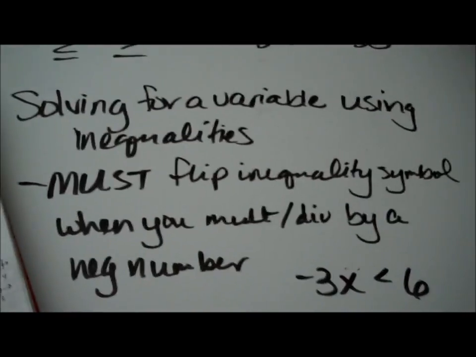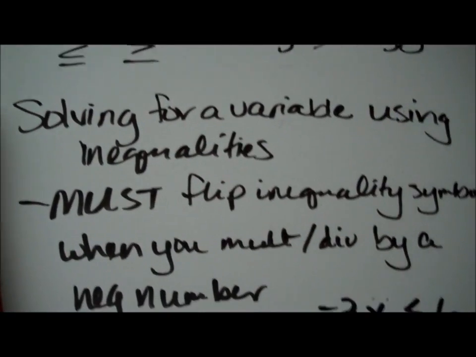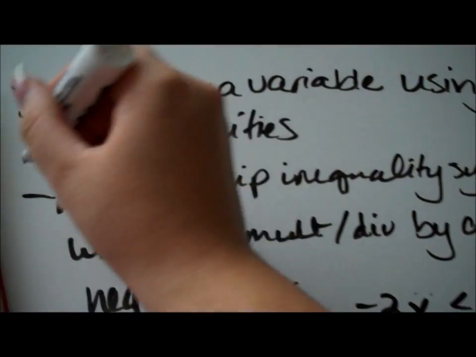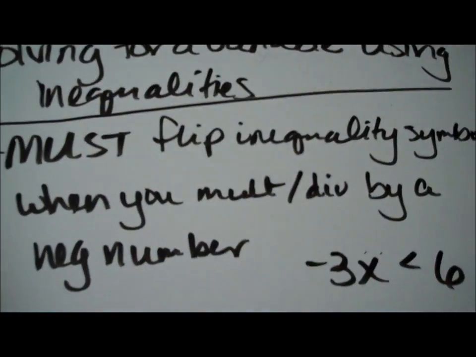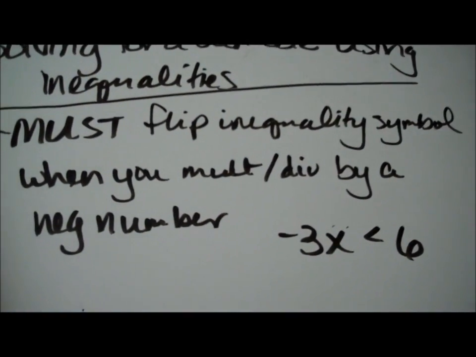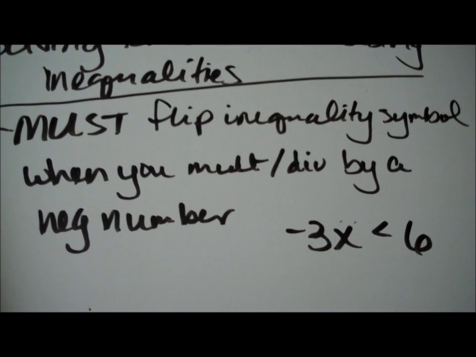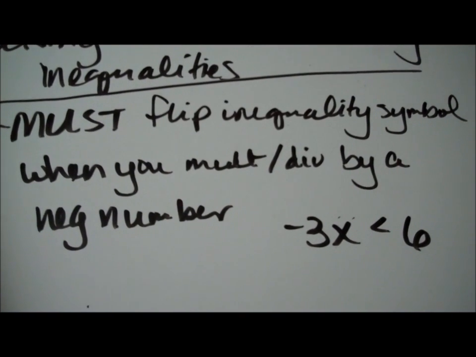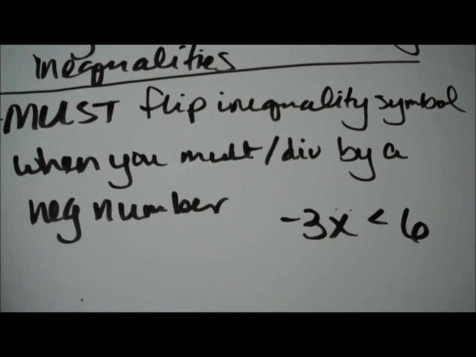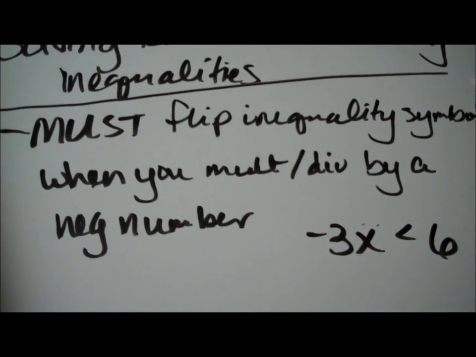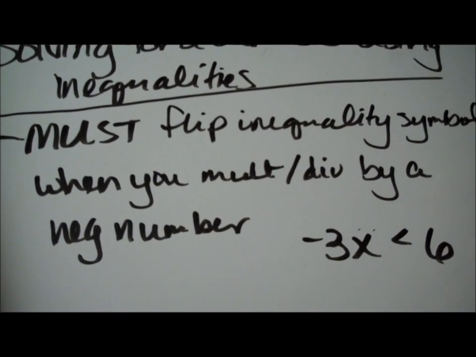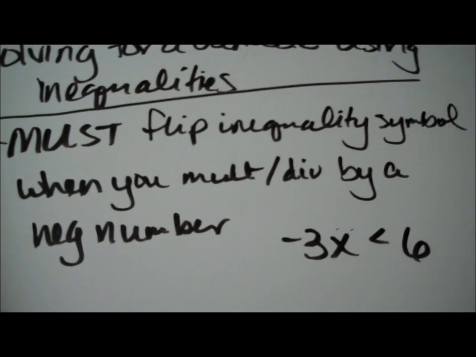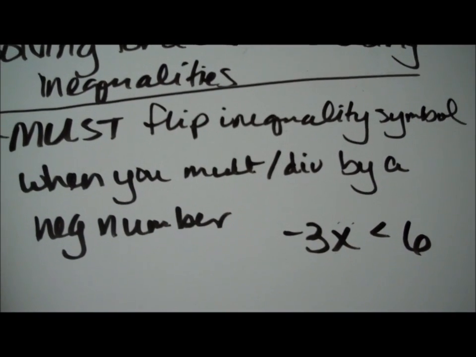Okay? Review from 080, solving for a variable using inequalities. Very, very important rule here. The rules are still the same. You still solve the equation or the inequality like you would do a regular equation, but you must flip the inequality symbol when you multiply or divide by a negative number.